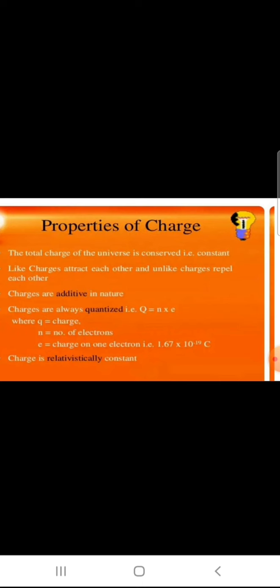So positive and negative charges attract, and two positives or two negatives repel. Charge is additive in nature. Charge is always quantized: Q = n e, where Q is the charge, n is the number of electrons, and e is the charge on one electron.